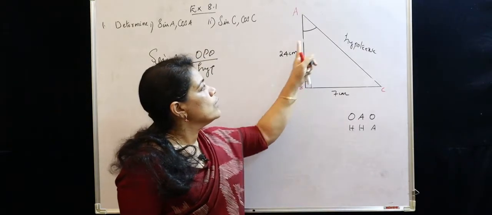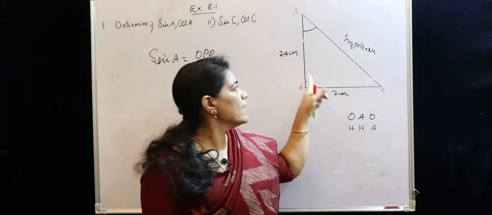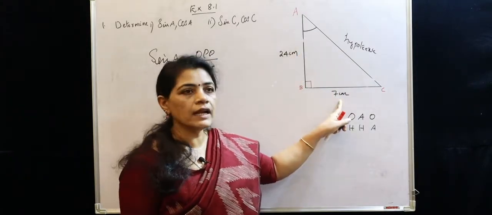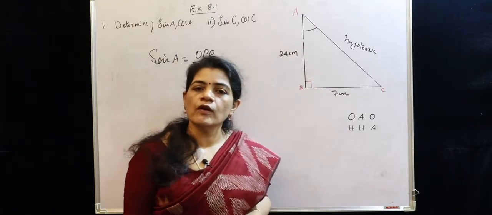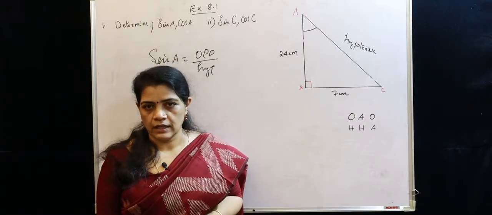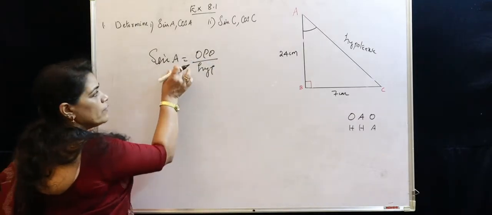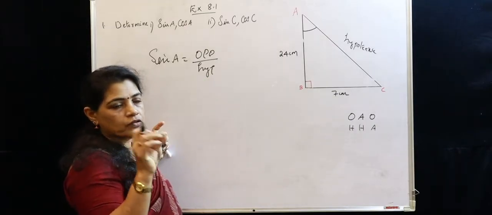We have to find the hypotenuse, since the opposite side and adjacent side are given. With respect to angle A, this is the opposite side and this is the adjacent side. How can the third side be found? By using the Pythagoras theorem, so AC should be found first.